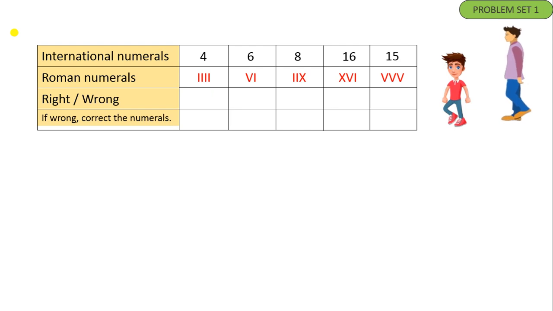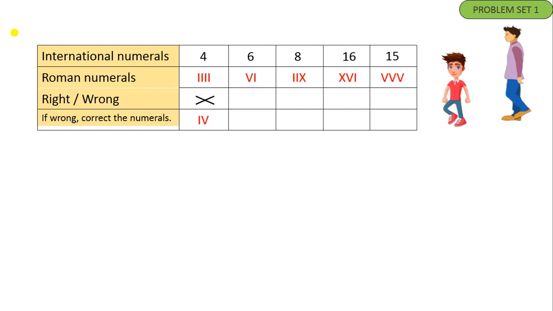Okay, the given table is as above, and observe it first. The first number is 4, and for it the Roman numeral given is IIII. But according to the rule of using Roman numerals, we cannot use I consecutively more than 3 times. So, the correct Roman numeral for 4 is IV.